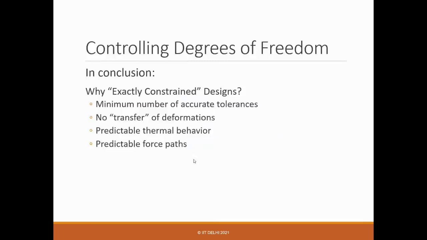Even the force path is very predictable, so there is a lot of deterministic behavior in the design, and that's how we are able to control the precision. Because we make it deterministic so that we can calculate, and later we can compensate for that, and we should be able to achieve high precision.